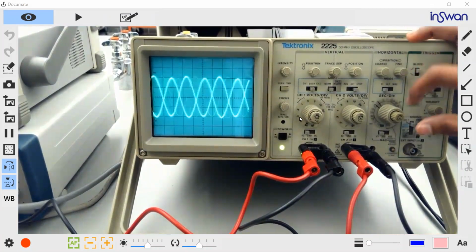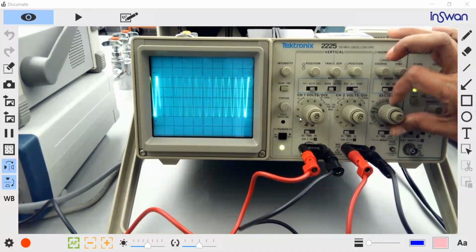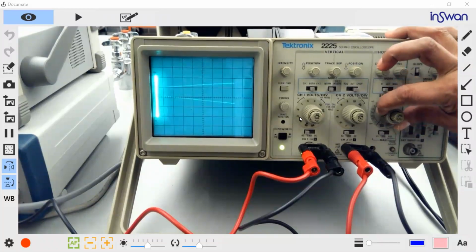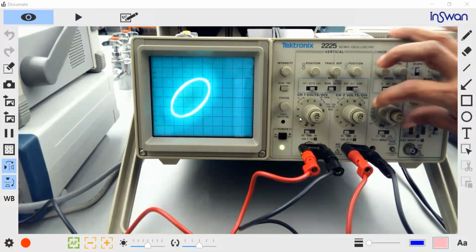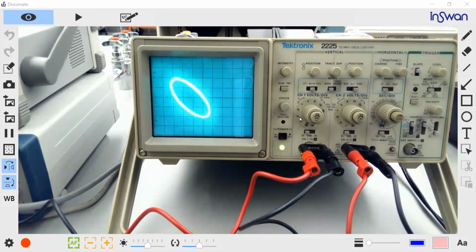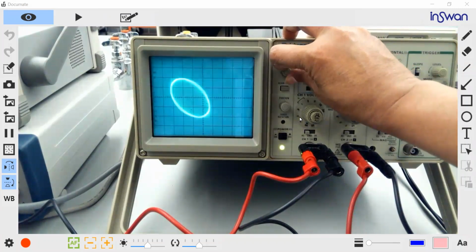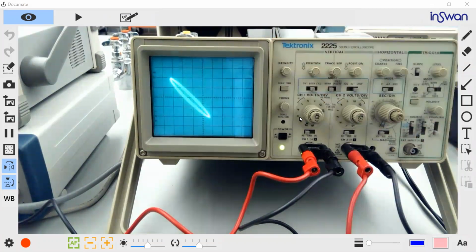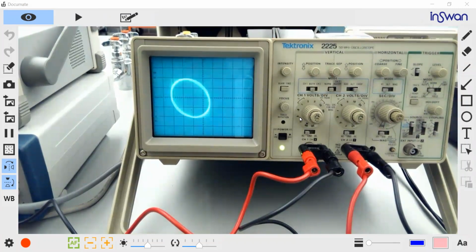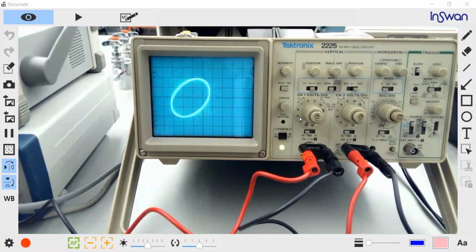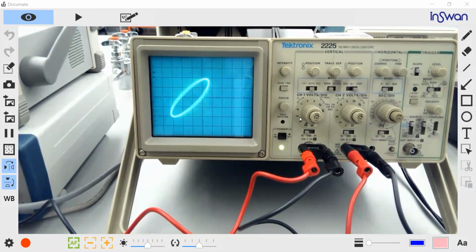So let's move into the XY mode here. I have 150, 150, and then I put it in XY mode, and I will see this Lissajous figure. Let me make the intensity a little lower. Yeah, that should be good. Now, if you want to make it stable, you can change the frequency a little bit.